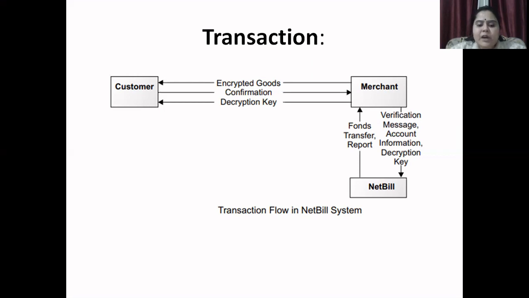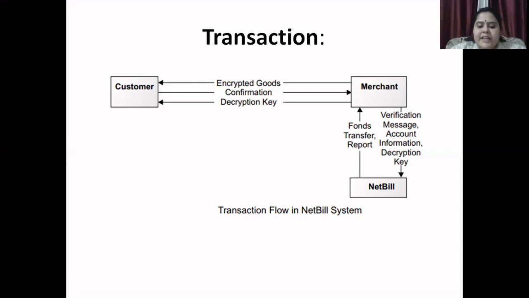Next, the NetBill server verifies that the customer has sufficient money in the account to pay for the goods. In case of sufficient funds, it transfers the funds, stores the decryption key and sends the report to the merchant software.